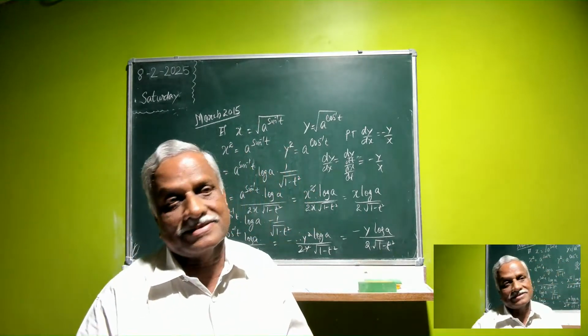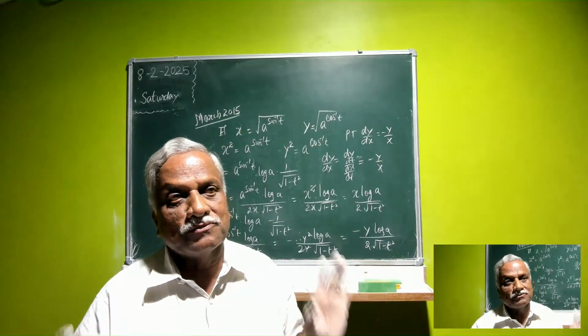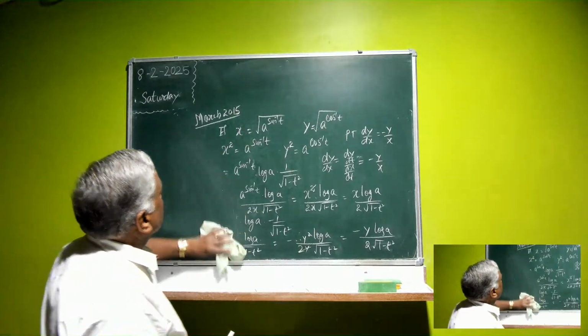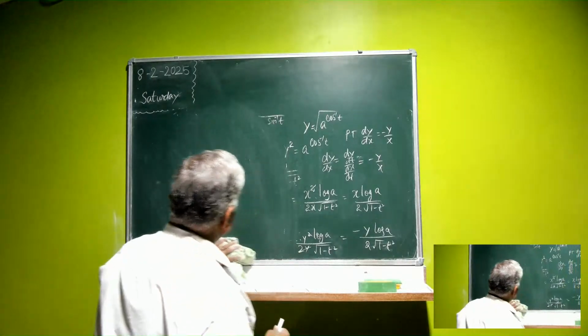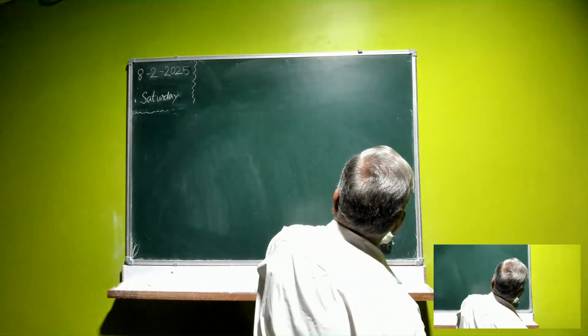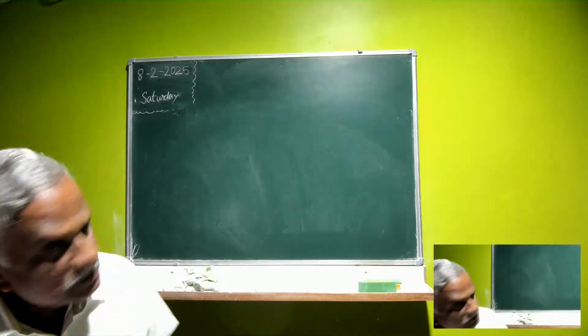You can take a chance. So far, except March 2015, in all other years they have not asked this question. Maybe the examiners found it difficult. Anyway, only one year they have asked that. We'll move on to July 2015.